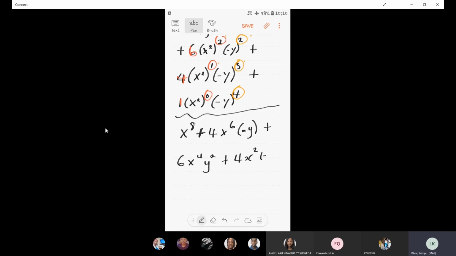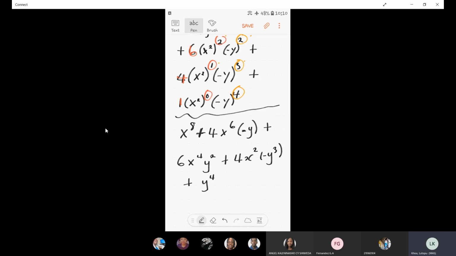This is just negative y to the power of 3. Because there are 3 negatives, I will end up with a negative answer. And then the last one, I have 1 times x squared to the power of 0. X squared to the power of 0 is just 1. And then negative y to the power of 4. There are 4 negatives. They'll cancel each other out. And then I will just be left with a positive y to the power of 4.